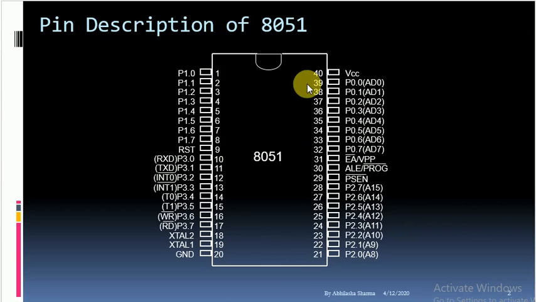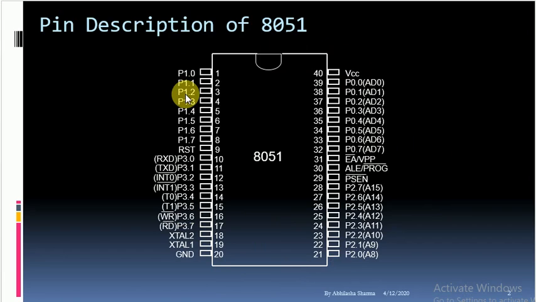Basically, the main function of this 8051 controller is defined by these ports. It has 4 ports: port 0, port 1, port 2 and port 3. Out of these 40 pins, 32 pins are consumed by these ports.